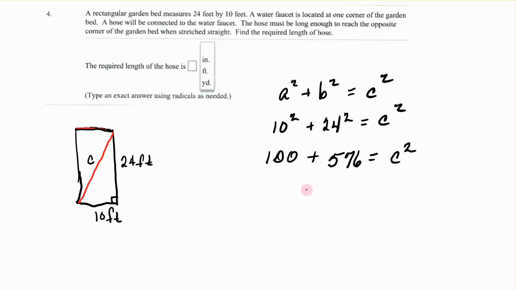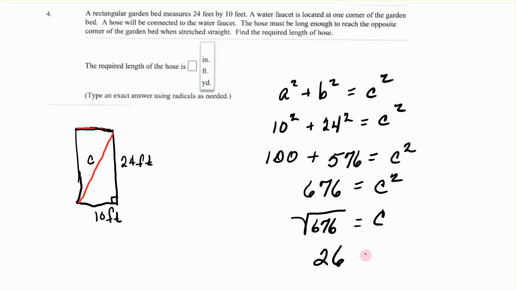Add them together, 676 is c squared. C is the square root of 676, so do that with my calculator, I get 26 feet. Make sure that you are comfortable taking square roots of numbers on your calculator.